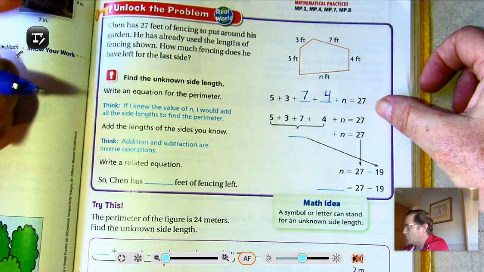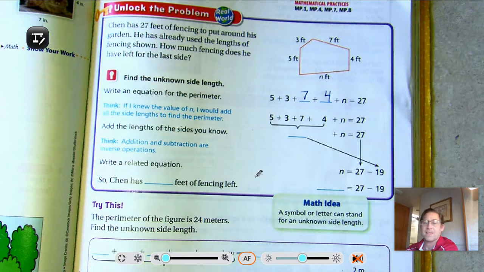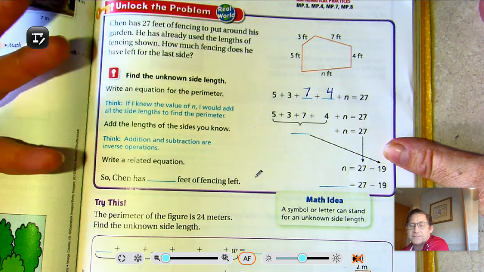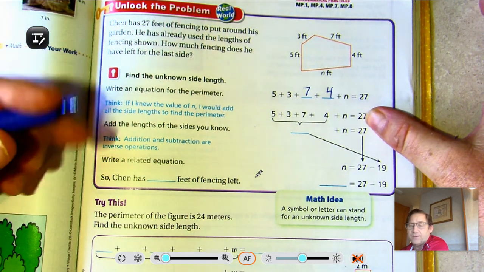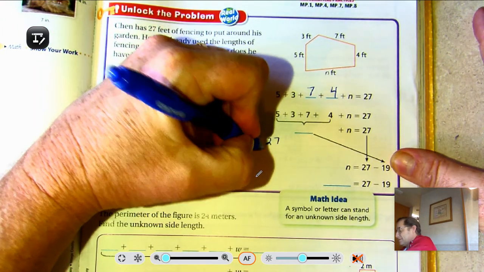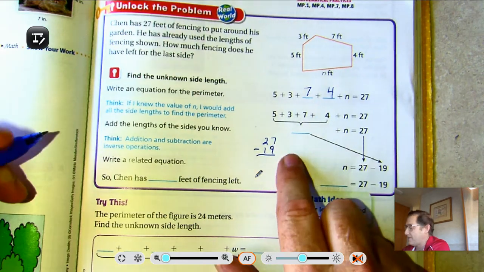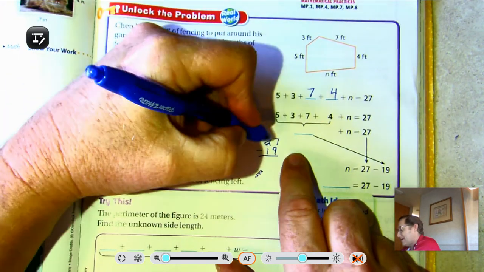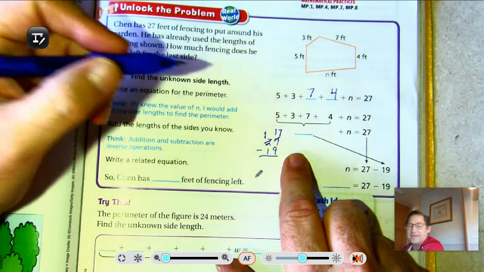So we can subtract our known sides from the total perimeter. So what is 27 take away 19? Well, I can't take 9 ones from 7, so I'll regroup one of the 10s as 10 ones and give it to the 7 ones.